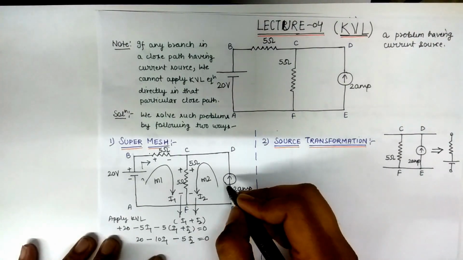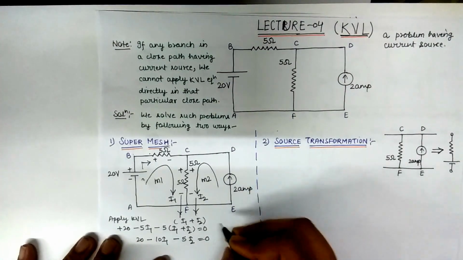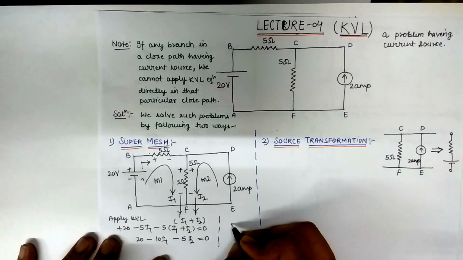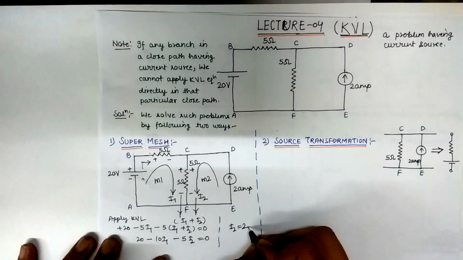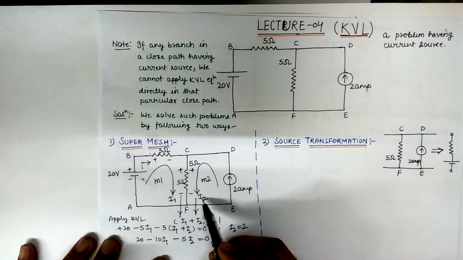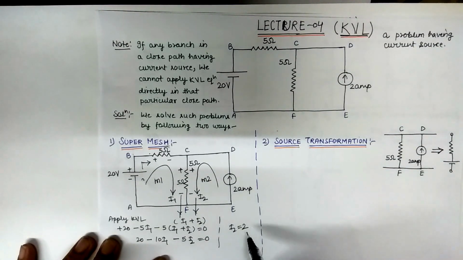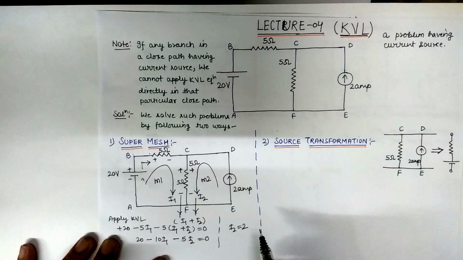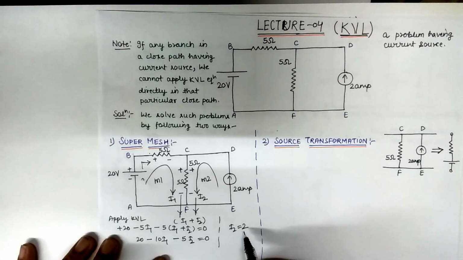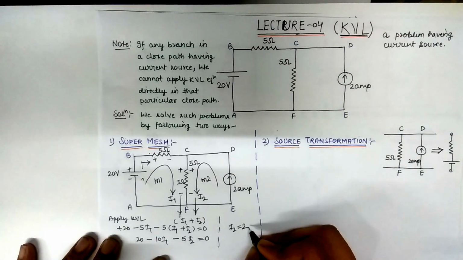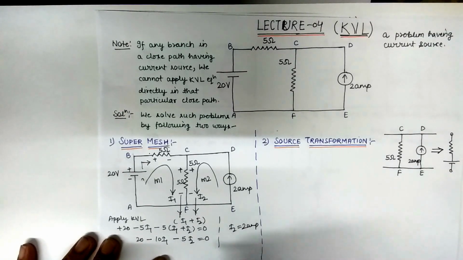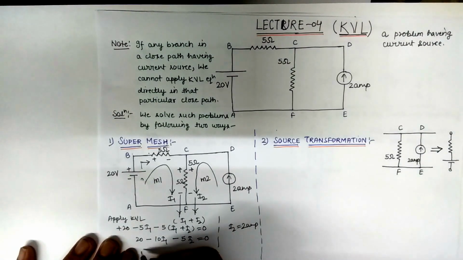So we cannot write the equation for M2, but we can say I2 is equal to 2 ampere because it will be given directly. I2 is equal to 2 ampere, and this is called super mesh. So we do not need to write any equation. We simply put this 2 ampere current in equation number 1 and find the value of I1.